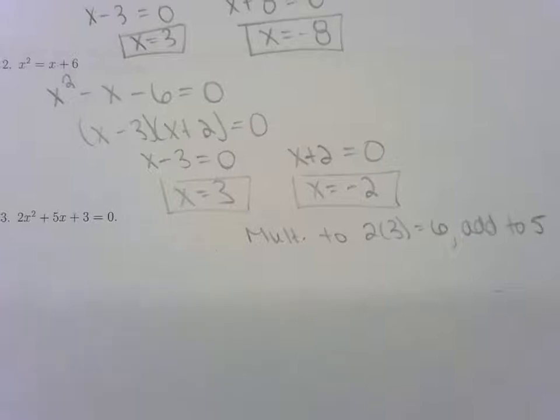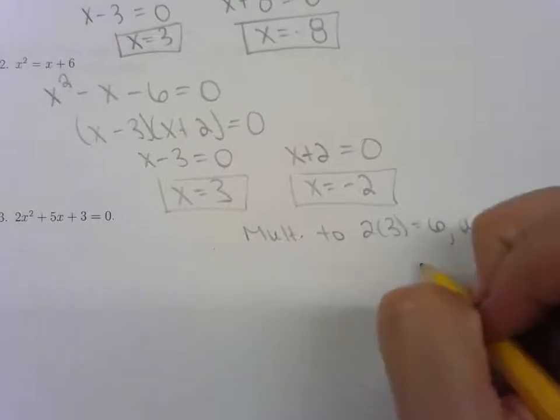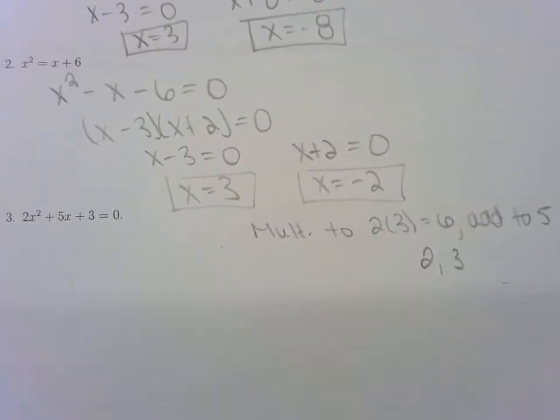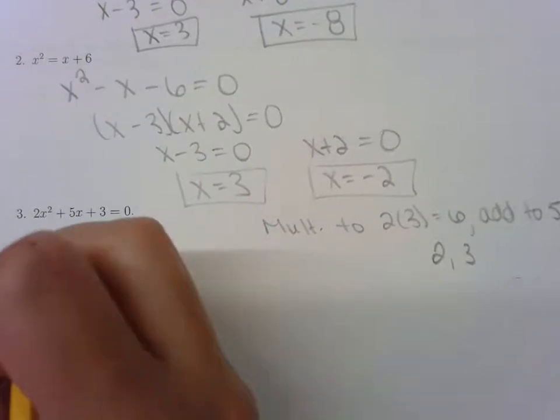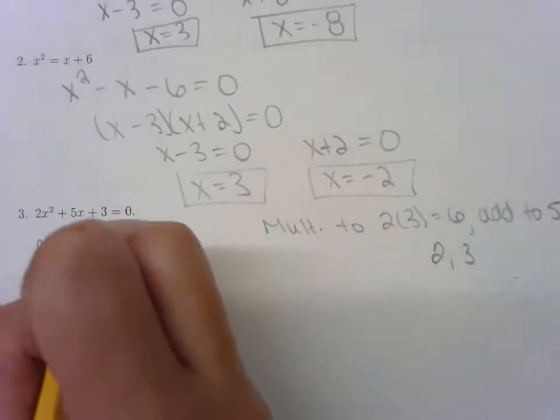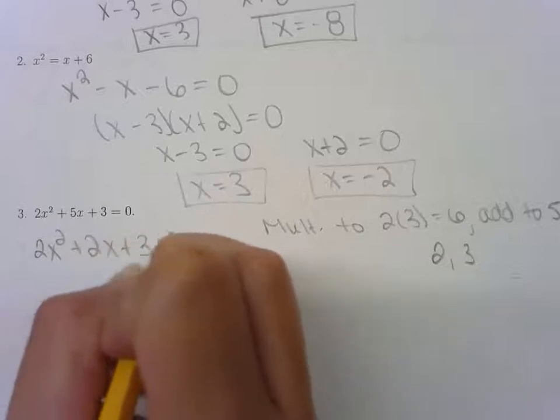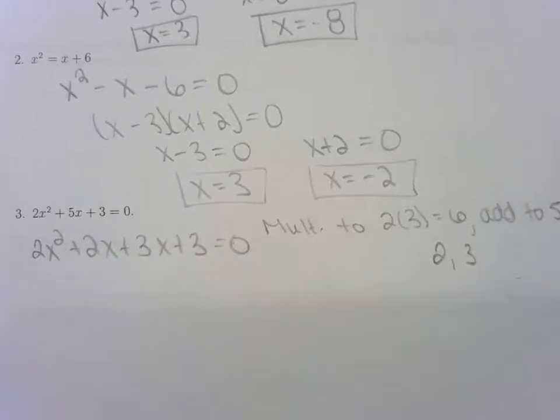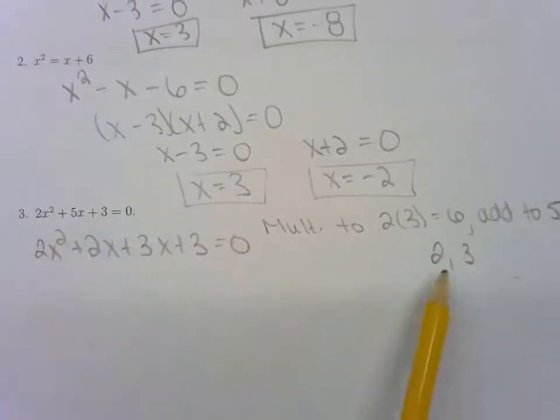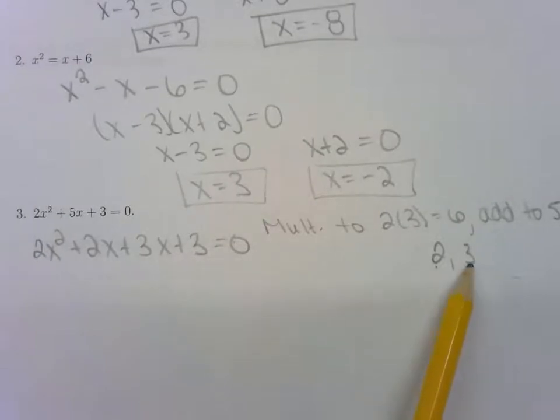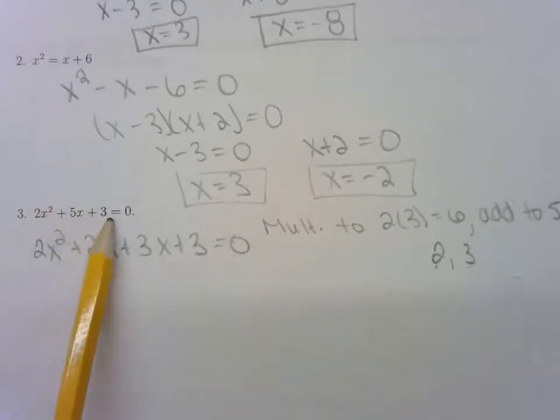What is that? 2 and 3. So rewrite as 2x squared plus 2x plus 3x plus 3 equals 0. I did 2x squared plus 2x plus 3x, then copied the plus 3, the constant, and then we have equals 0 here.